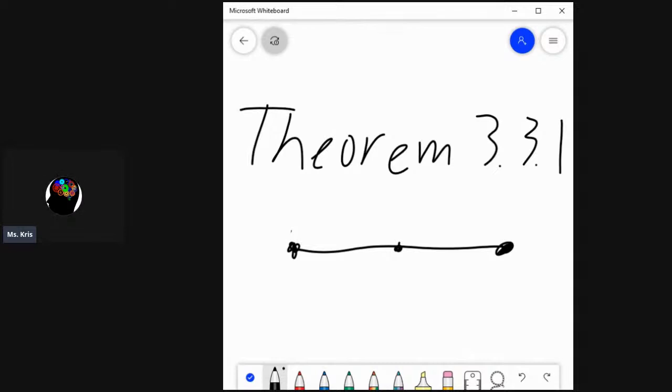That is what makes it unique. Nothing else can separate or split the line segment into two congruent lines other than a midpoint. Any questions before we move on?